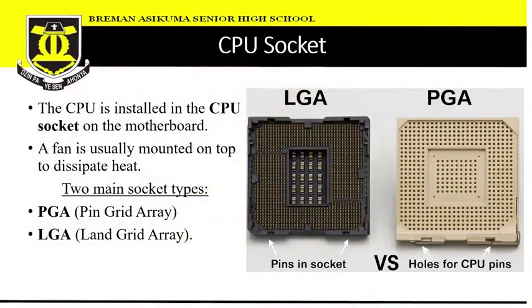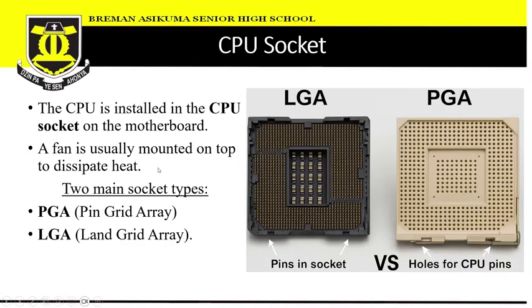Now, when we talk about the CPU socket, the CPU is installed in the CPU socket on the motherboard. So these are the CPU sockets that we're talking about here. So this is what we call the CPU socket. Now a fan is usually mounted on top of the CPU in order for it to blow out heat.